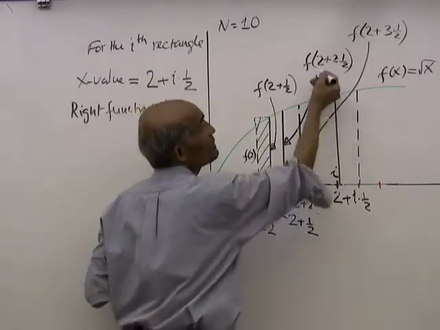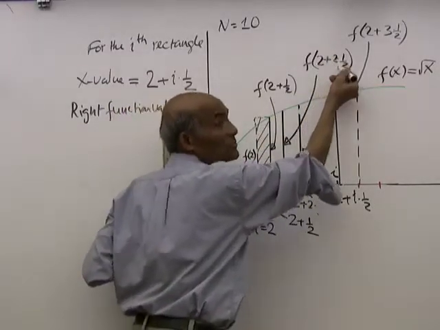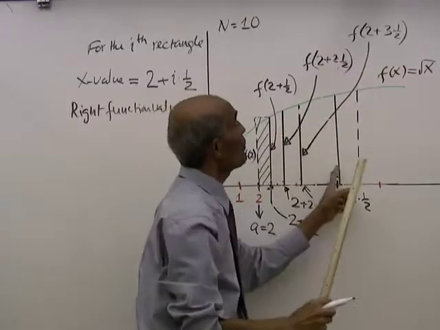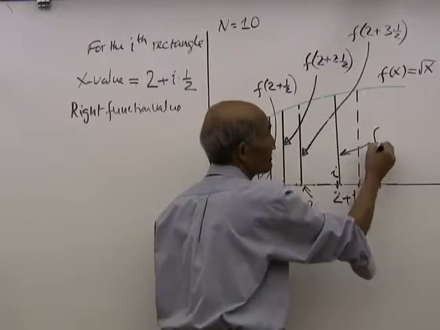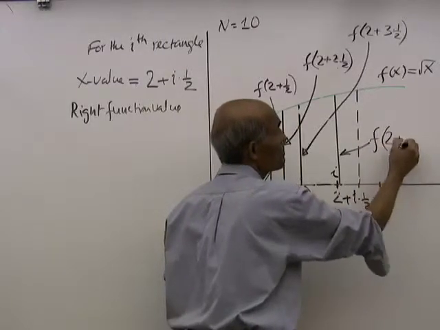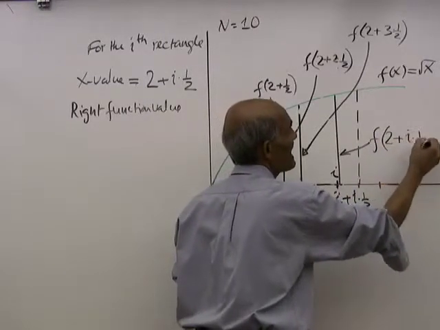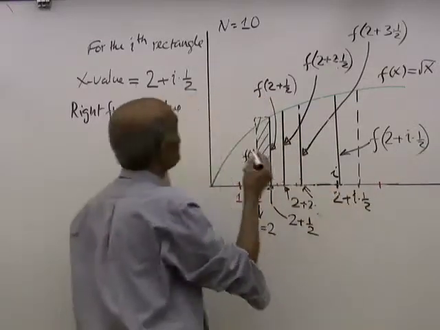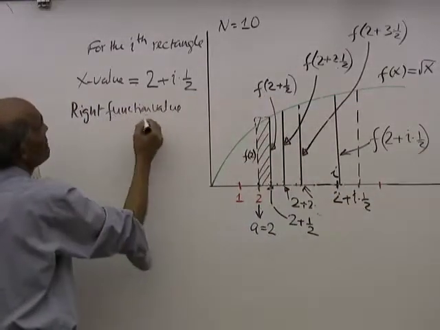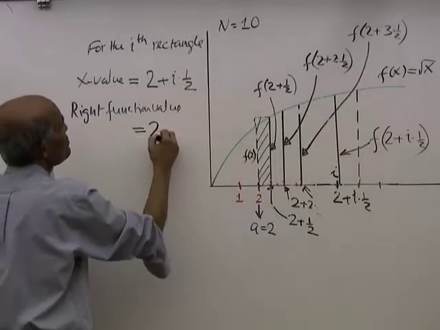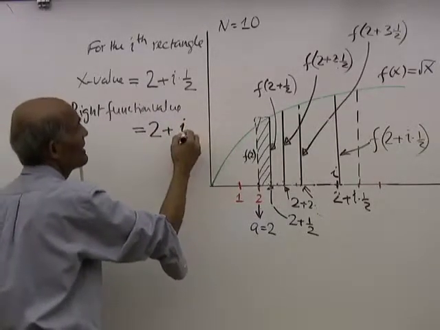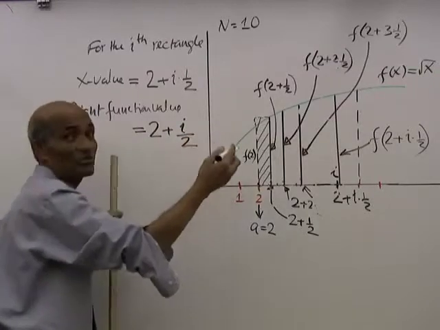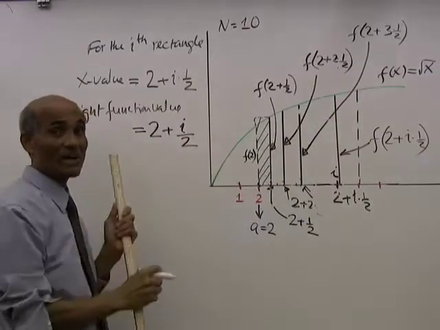In the second case, f of 2 plus 2 times 1/2. For the ith one, what will this height be? It will be f of 2 plus I times 1/2. So the right function value will be 2 plus I times 1/2. I'm going to say that I over 2. Is that right? I times 1/2 is I over 2.